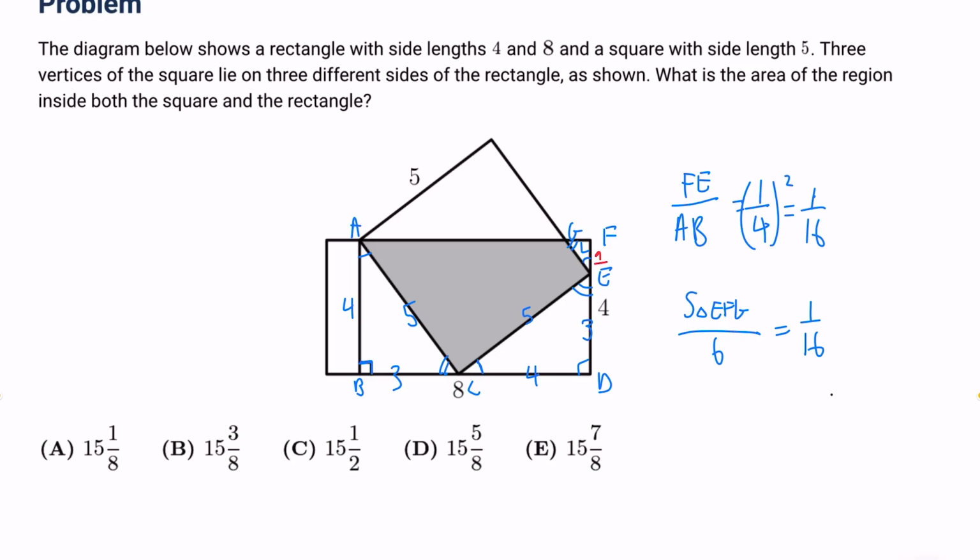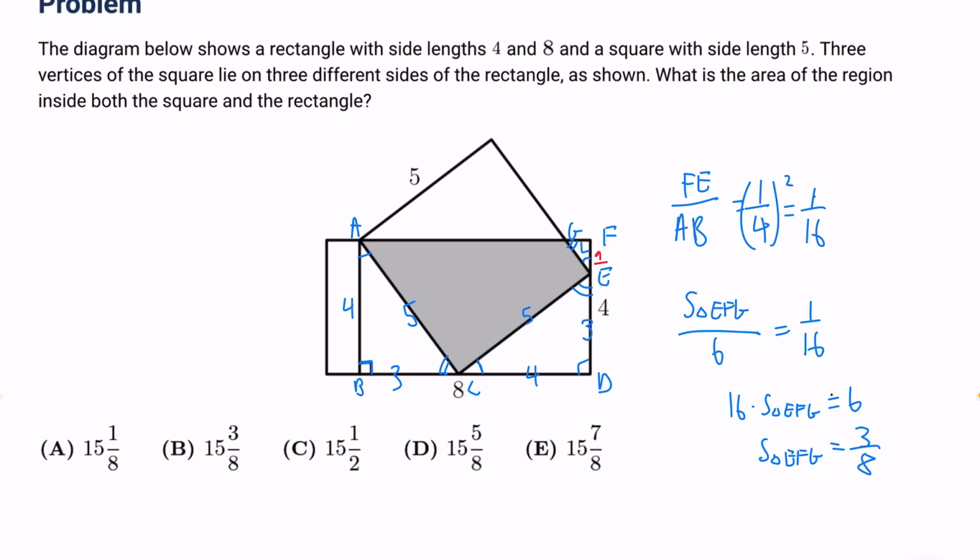And then so we can cross multiply to get the area of triangle EFG is equal to 6 over 16, and that can be reduced to 3 over 8. So that is a lot quicker than going and trying to find out the ratios of the sides, which we know, and then trying to plug that in to find each of the lengths of triangle EFG. So now we know that the area of triangle EFG is 3 over 8.